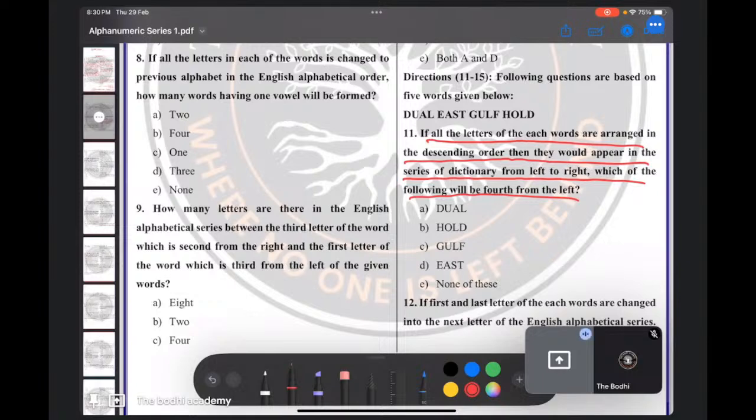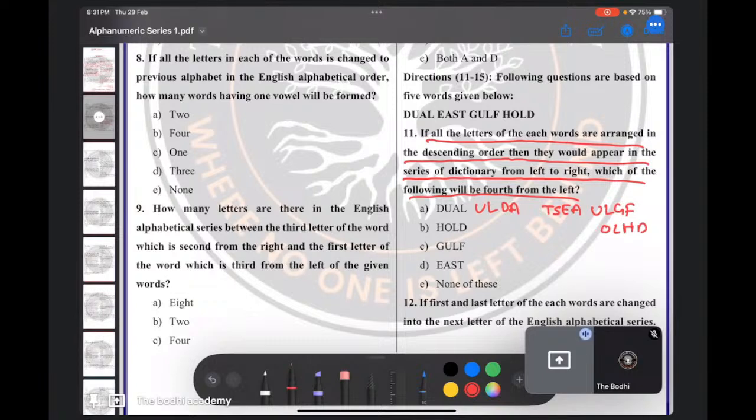So how to do it? First will be U L D A, then it will be T S E A, then it will be U L G F, and then at the end it will be O L H D.